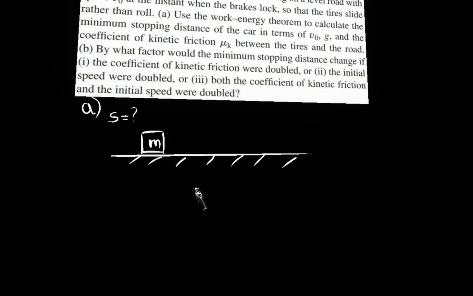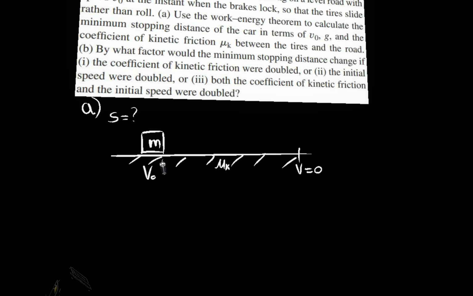And it has some initial speed, v0, which is not 0 because it's traveling, and it's ending up at a stop. I'm going to write mu sub k here to remind us that we are considering the coefficient of friction. There is friction against the road. And then over here somewhere we have v, a final velocity of 0.